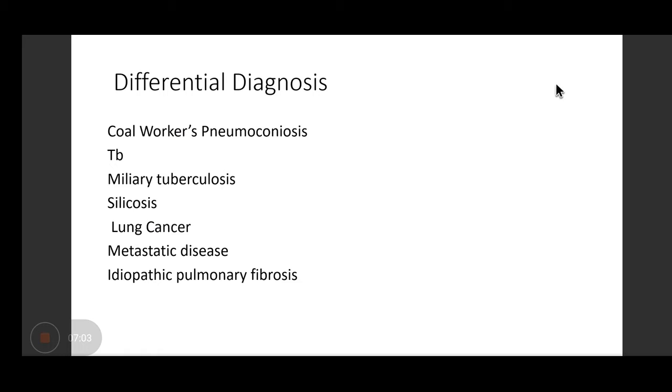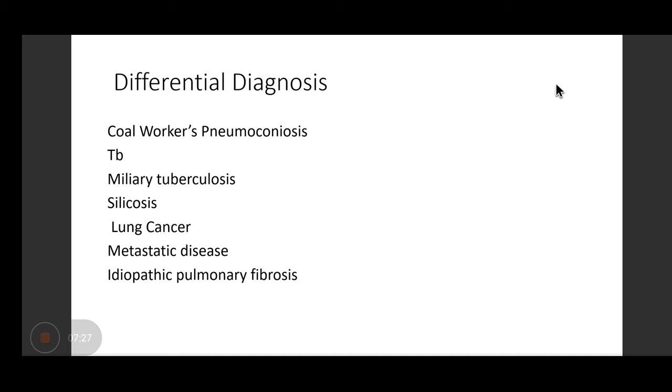And there you can also see eggshell calcification of the lymph nodes in case of silicosis, but this is not pathognomonic of silicosis.